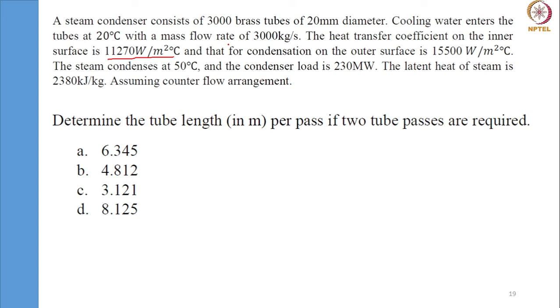One more important assumption you need to make is you can neglect the wall thickness. It's a thin wall tube, so you can directly write 1 by U as 1 by HI plus 1 by HO.